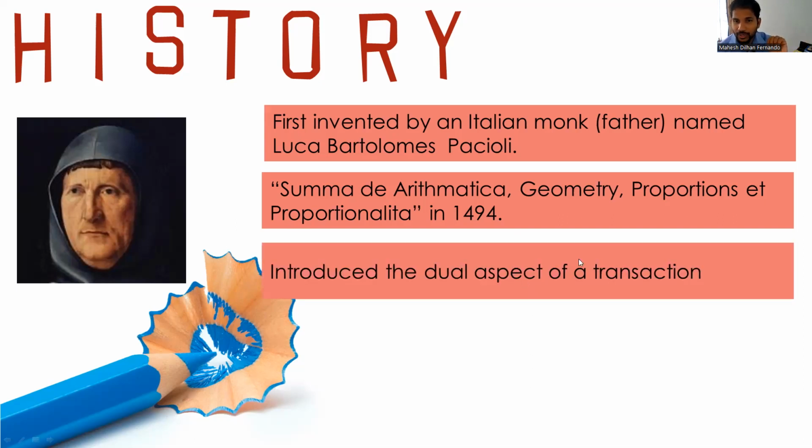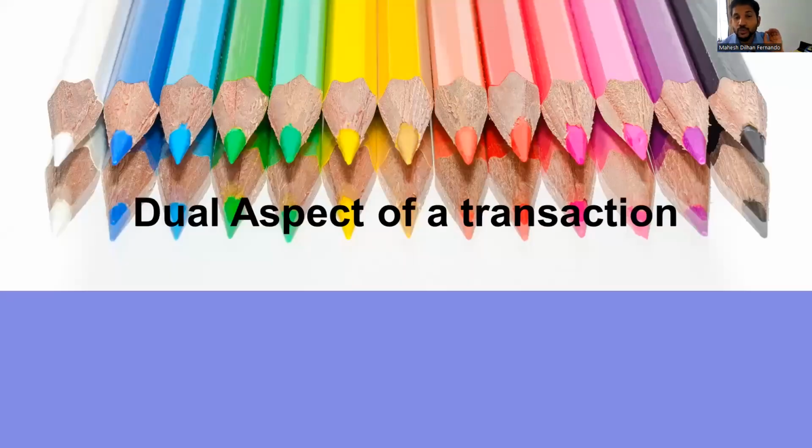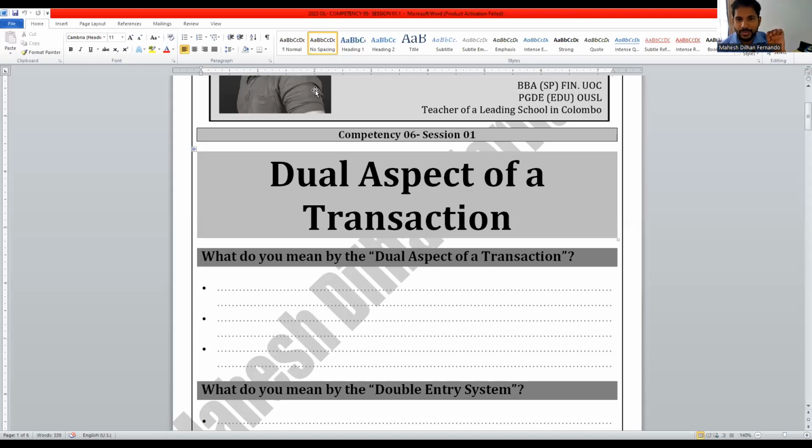In this book, as I told you, he introduced the dual aspect of a transaction. He said every single transaction has a two-way effect, dual aspect. Now let's see what we mean by the dual aspect of a transaction. This is what you have to write here.